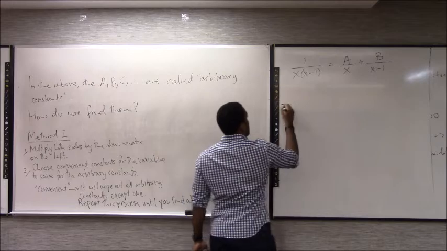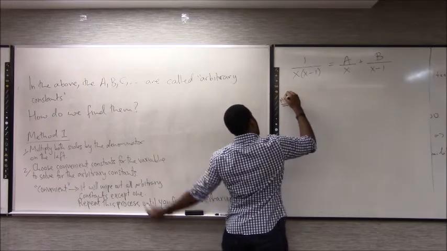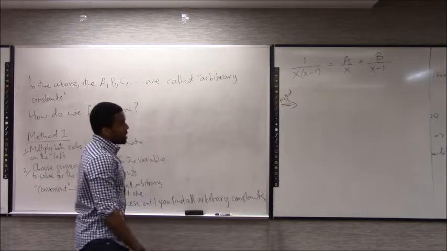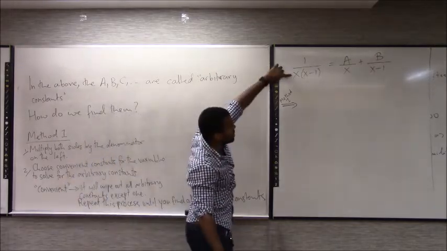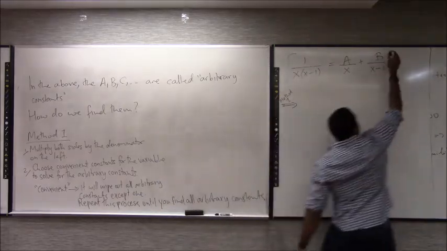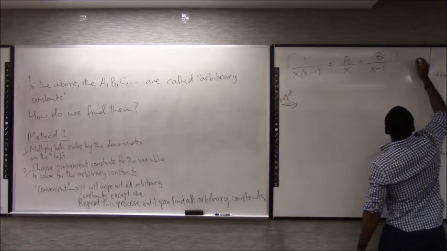Now, what I would do, and this is where I'm applying method 1 as quoted here, is I'm going to multiply both sides of this equation by the denominator on the left. So I'm going to take this whole thing, and multiply by x times x minus 1.